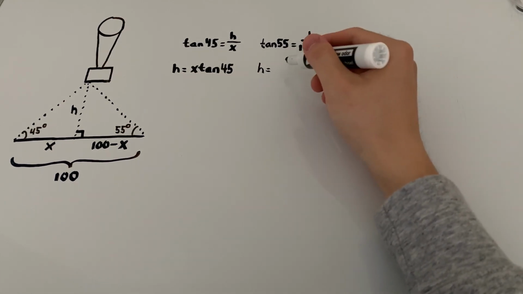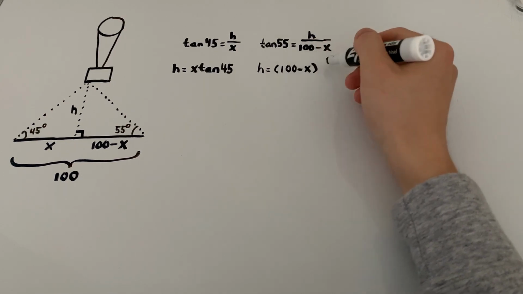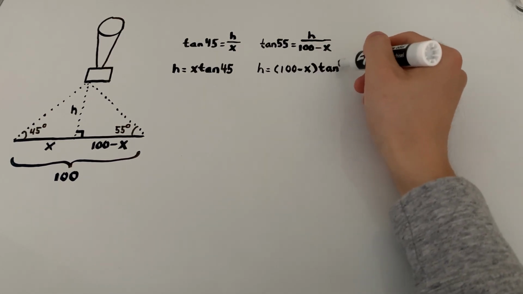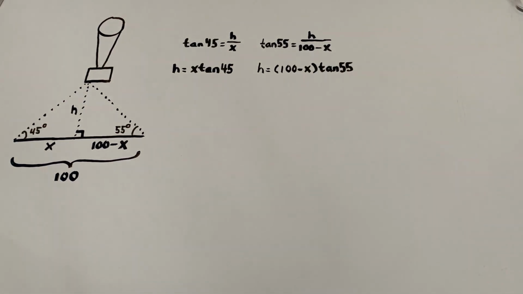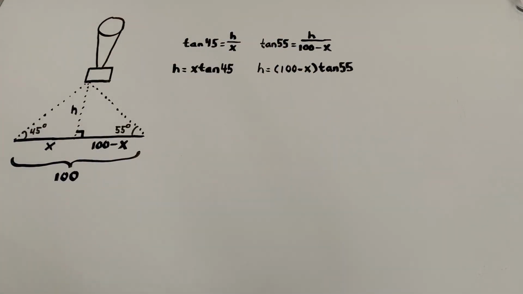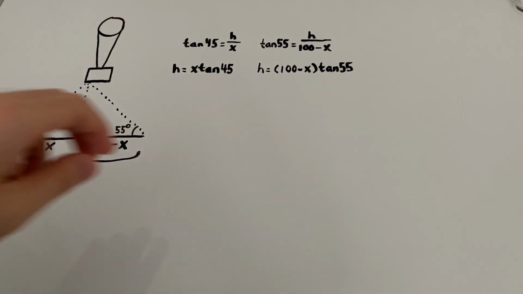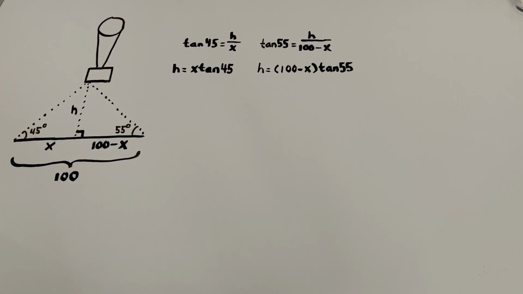H is just equal to 100 minus x times tangent 55. If h is equal to x times tangent 45, and h is also equal to 100 minus x times tangent 55, then x times tangent 45 is equal to 100 minus x times tangent 55. Okay, that's a mouthful, but I'm going to write it out.